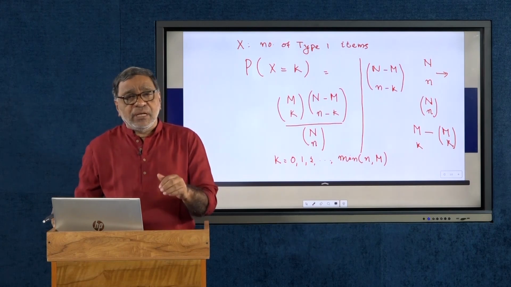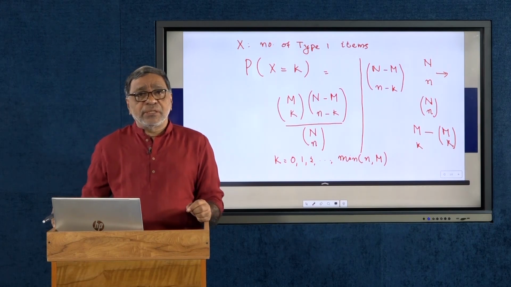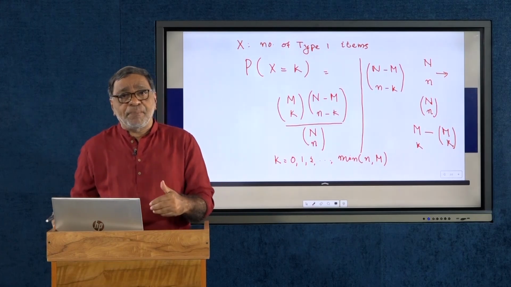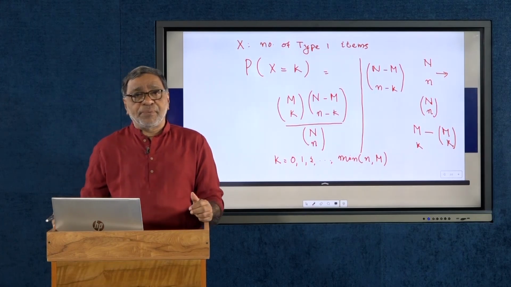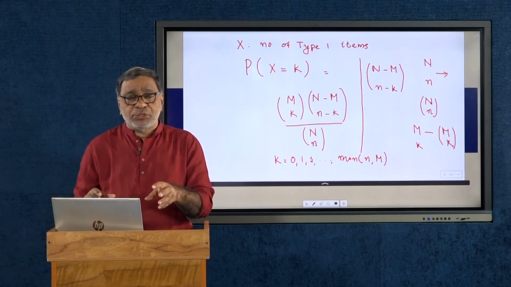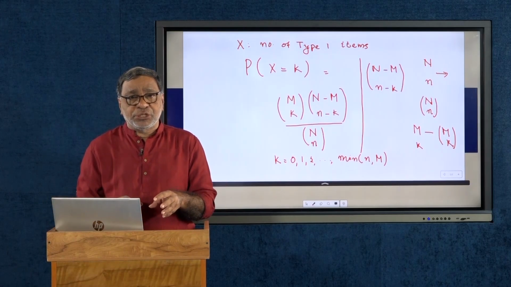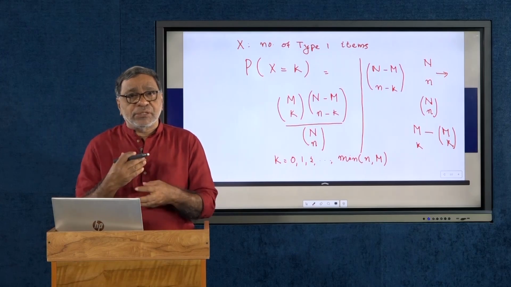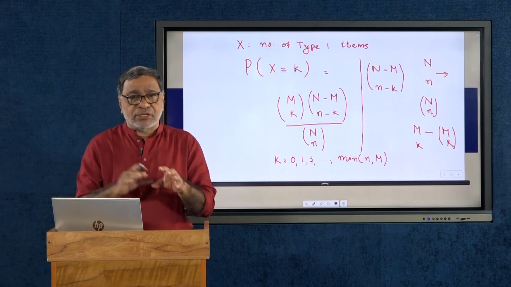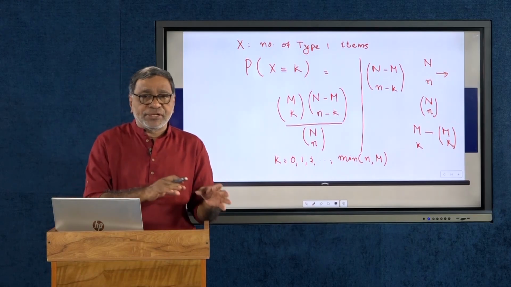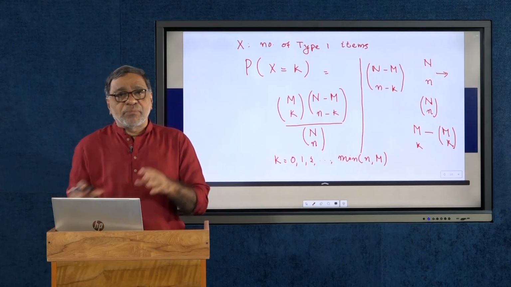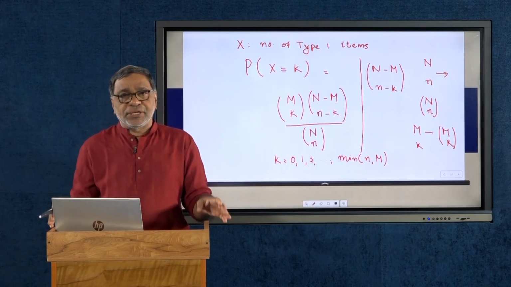So basically our question here is how we can approximate the hypergeometric distribution by the binomial, because the binomial distribution and the hypergeometric distribution are associated with the same type of population, a dichotomous population: success and failure, defective or non-defective items, literate or illiterate, male or female, that classification.